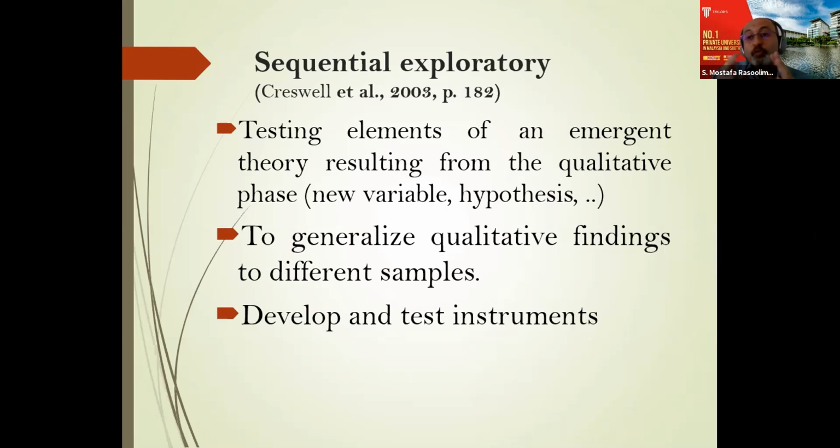We have literature, but we don't have this literature in rural areas. And we know there are big differences between existing literature and the concept of rural residents. So we start from the qualitative phase, and we develop some items, some components, some variables, and we develop a conceptual framework. But we want to generalize.